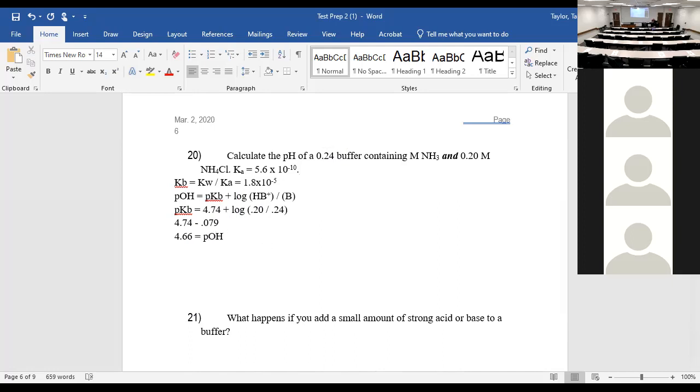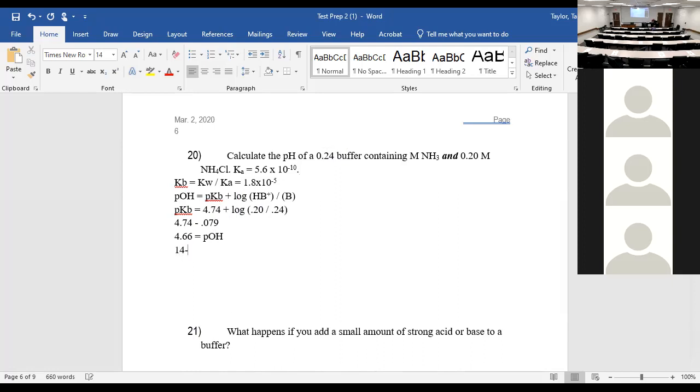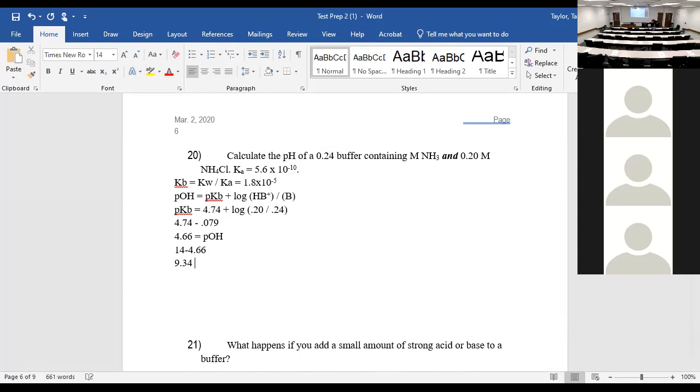Then you subtract that from 14, 4.66, and you get 9.34 as your pH. And if you see here, she got 9.33, I got 9.34. She's never going to count you wrong for getting it 0.01 off. She knows it's just rounding error, so you don't have to worry about that as long as you did everything right.